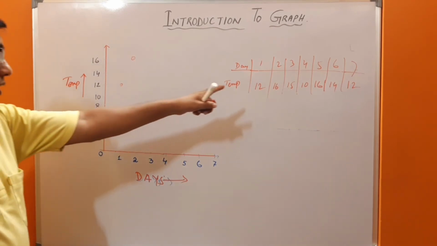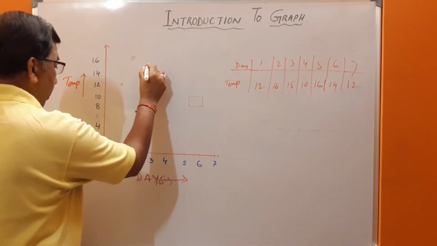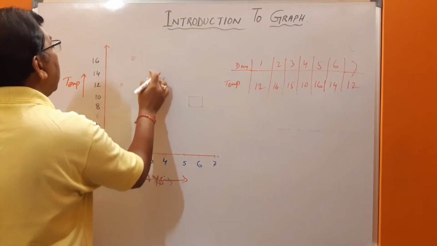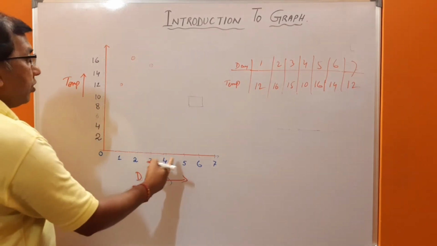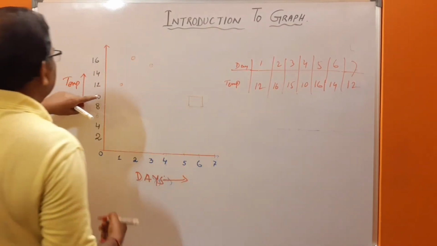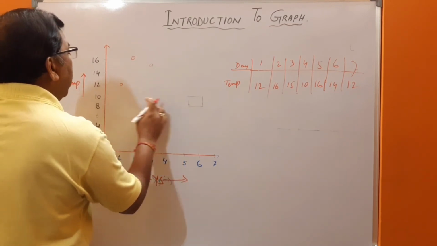Third day is 15. That means 15 will be between 14 and 16. This is the third. Then the fourth day is 10, so the point is 4, 10.